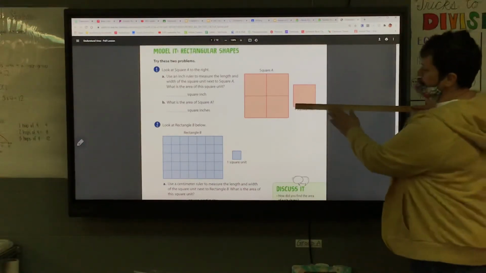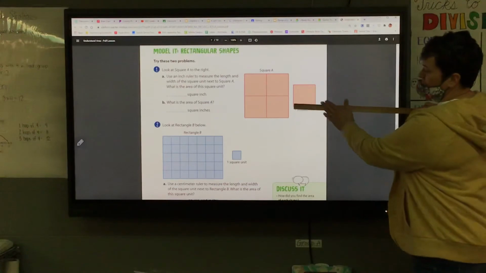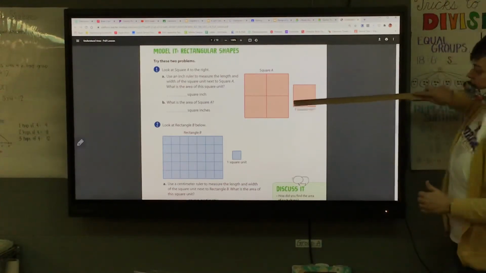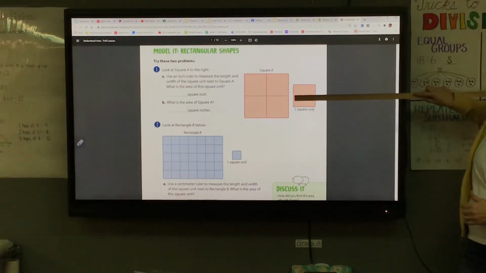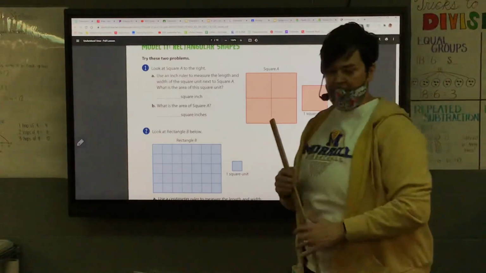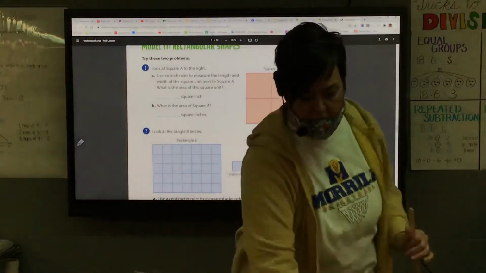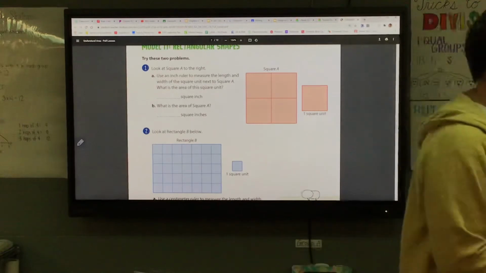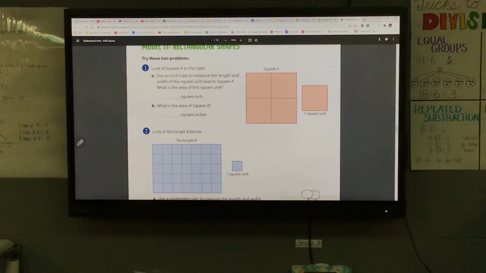You need to line up the end of your ruler with the left side of the square. You have yours lined up? What number on that right side is on your ruler? 1.